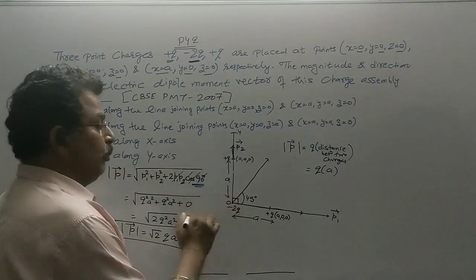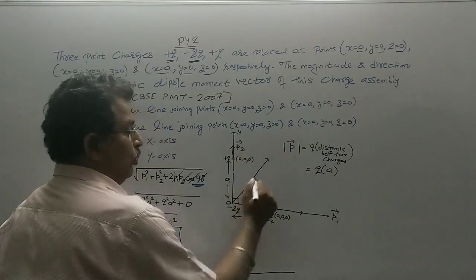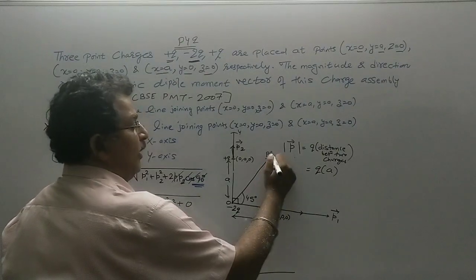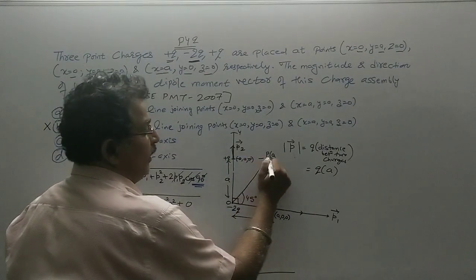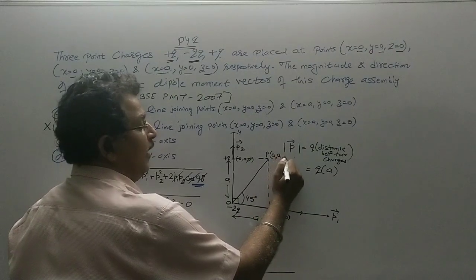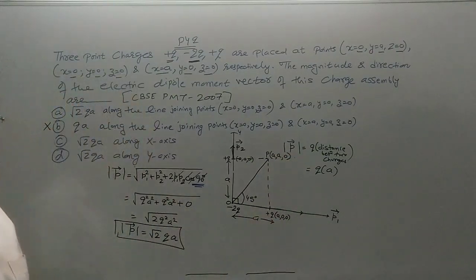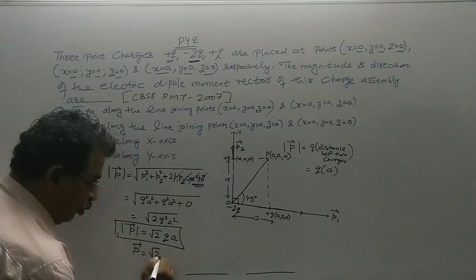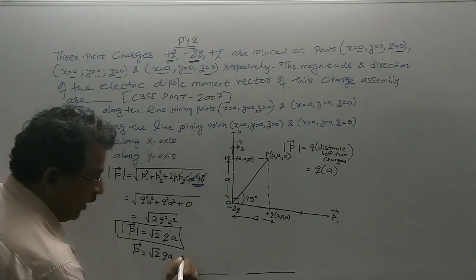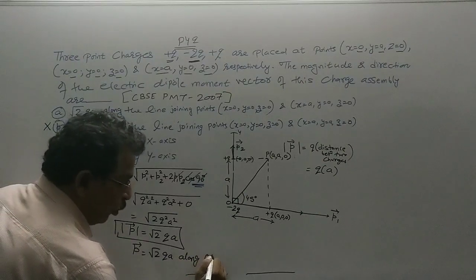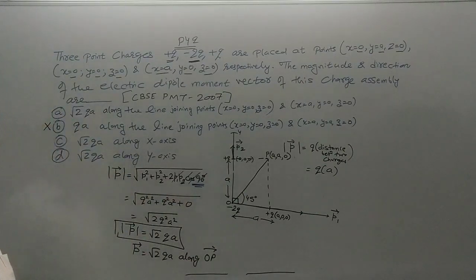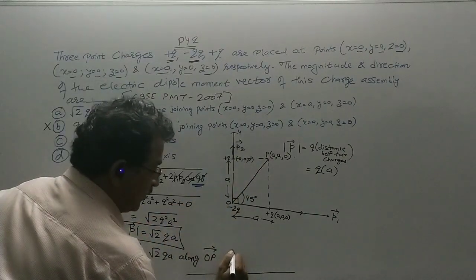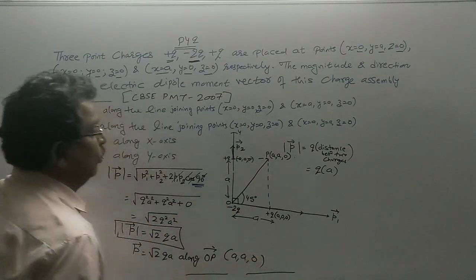So the resultant should be between these two. Let us assume this point as P. So the x coordinate is a, the y coordinate is also a, and the z coordinate comes out to be 0. So the resultant dipole is root 2 qa along OP. If you see the OP direction, the coordinates come out to be (a, a, 0).